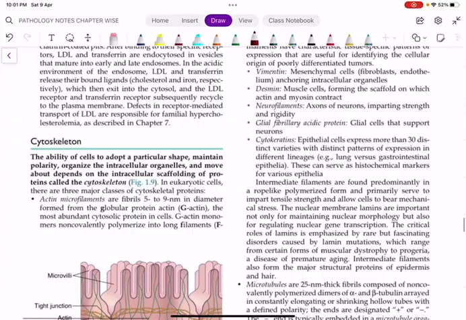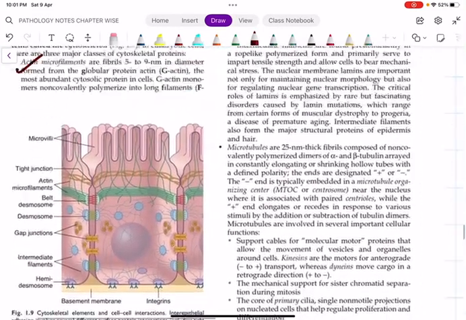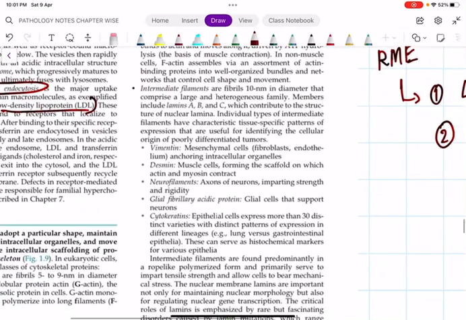We have actin. Then myosin. All these things are again in your tissue topics. And out of that, intermediate filaments. This is a very, very important thing. What are the examples? Vimentin in mesenchymal cells, desmin in muscle cells, neurofilaments in neurons, glial fibrillary acidic protein in glial cells.